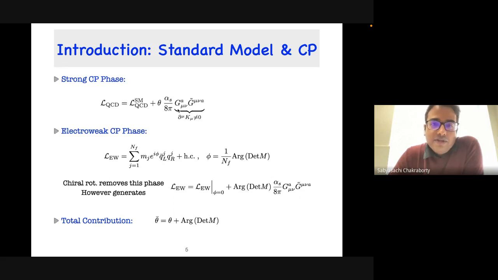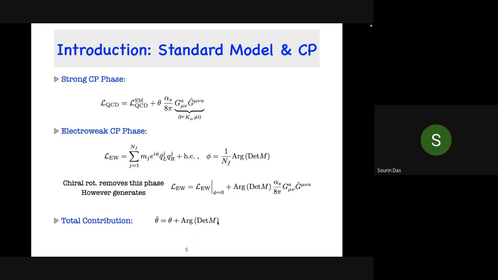First, as I said, you can extend the standard model with the G G-dual term. And secondly, because of rotating away this phase using a chiral rotation, you generate a term proportional to G G-dual. Therefore, there are two contributions to the coefficient of G G-dual. And this I write as theta bar, which is the bare theta term that you extended the standard model with, plus the quark mass matrices contribution.